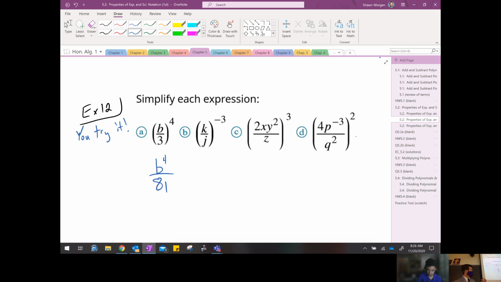All right, let's see here. I'm going to ask you a very specific question. What did we say yesterday you could do to a fraction that is raised to a negative exponent? Flip it. Oh yeah, flip it real good. We're going to flip that fraction, j over k, and you can change the exponent now to a positive 3. And what else?